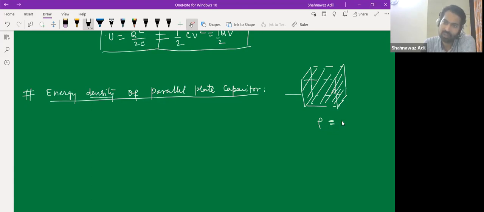Charge is zero, but how do we define the charge density? Q by V. Density means volume. Okay, if I ask you what is mass density, then what would that be?